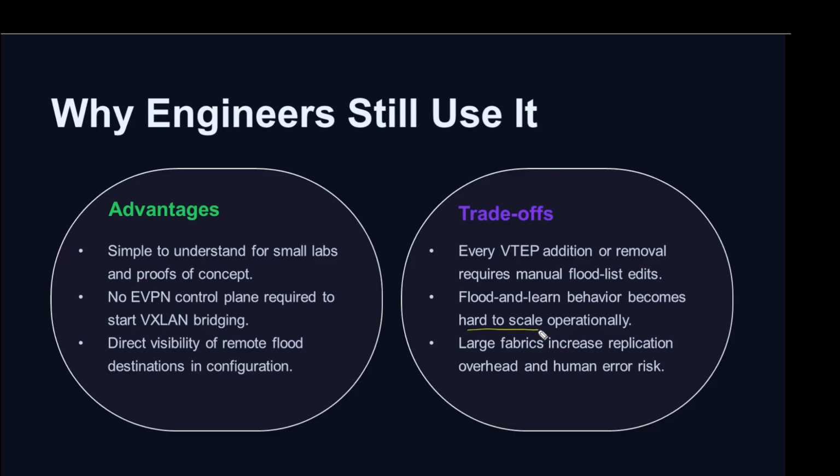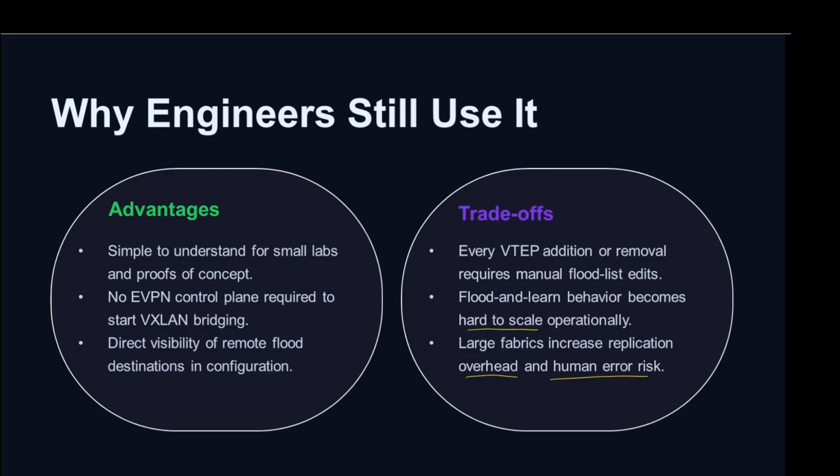It has its scaling limitation, and it does have replication overhead in large fabrics. The switches will have to send an individual copy of the ARP request to each of the remote VTEPs that we have manually defined in the flood list. So for example, if we have 50 leaves in the fabric, the local switch or the local VTEP will have to make 49 copies of the ARP request and send it to the remote VTEPs defined in the flood list.